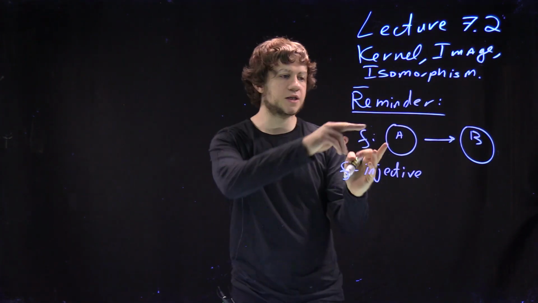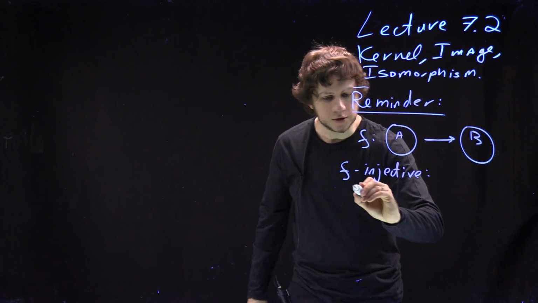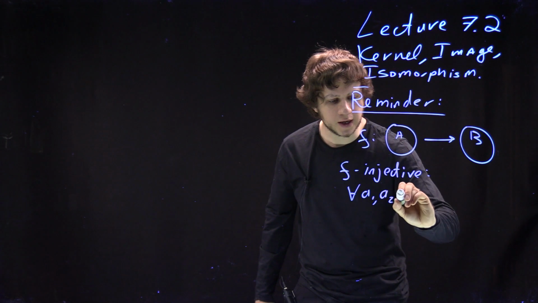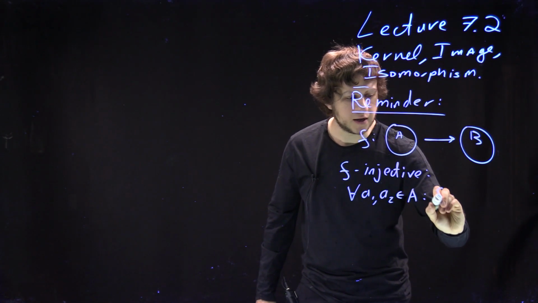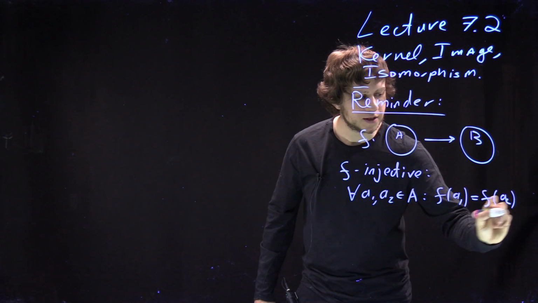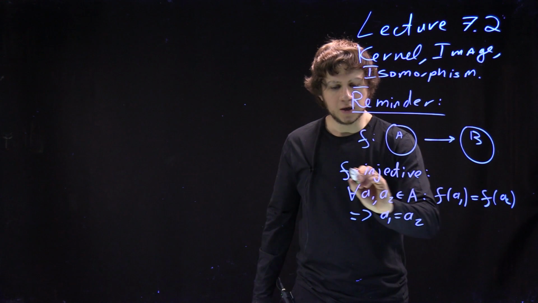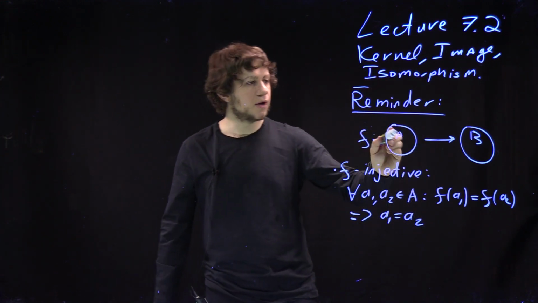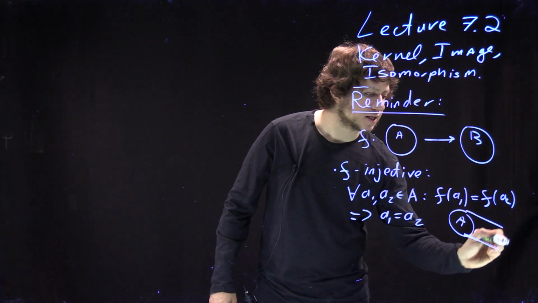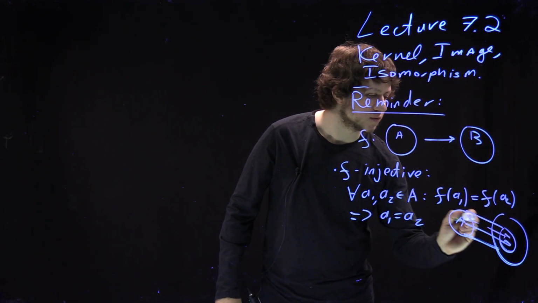Injective is a map which takes different elements here to different elements here. So for every A1, A2 in A, such that f of A1 equals f of A2, this implies that A1 equals A2. This is one important type of map, and it just means that basically A sits inside B in some sense.